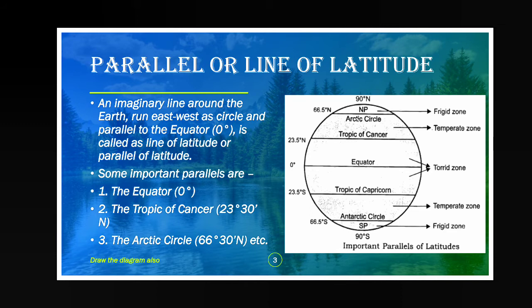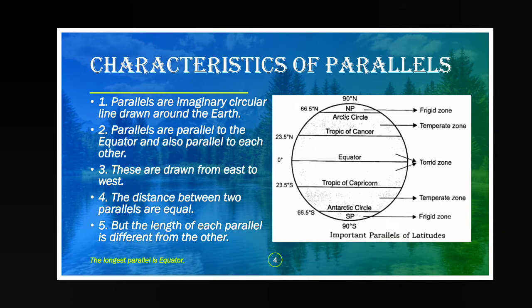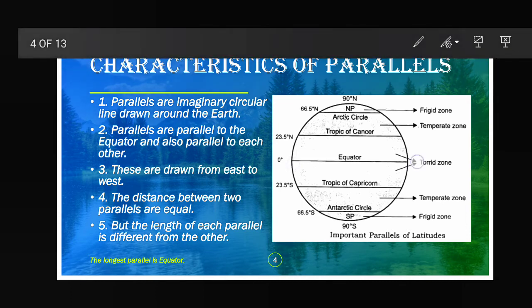These are imaginary lines we have drawn on the globe for some importance, like to find out the location, to get the coordinates, etc. These lines run from east to west, that means from your right hand side to left hand side.